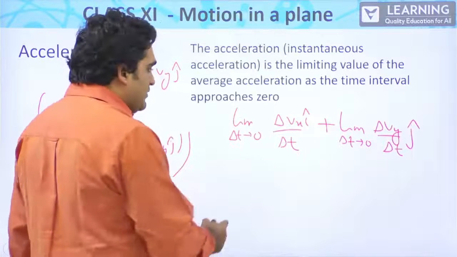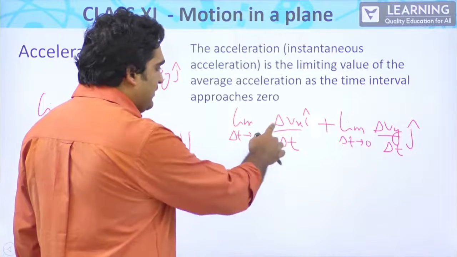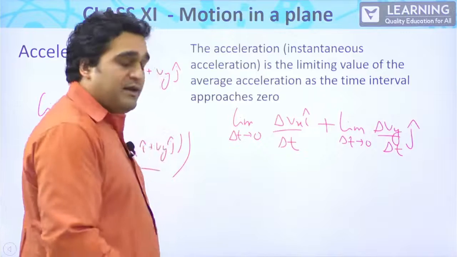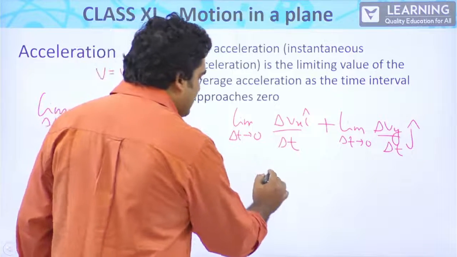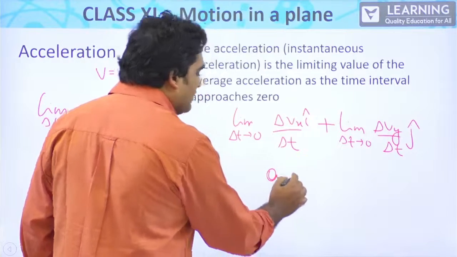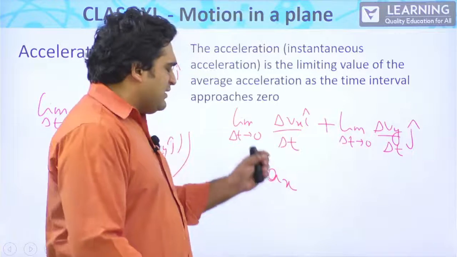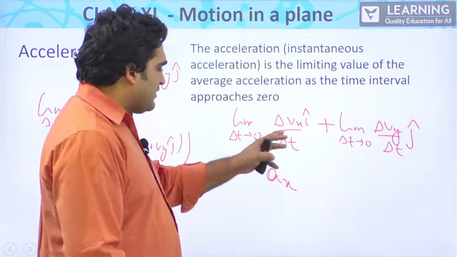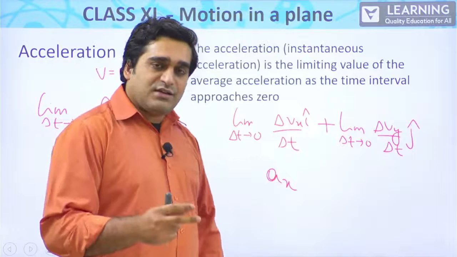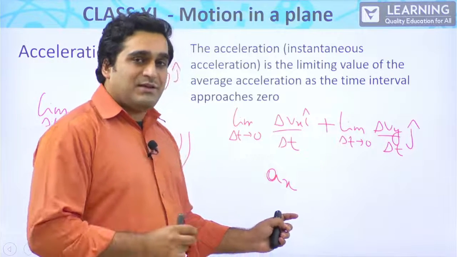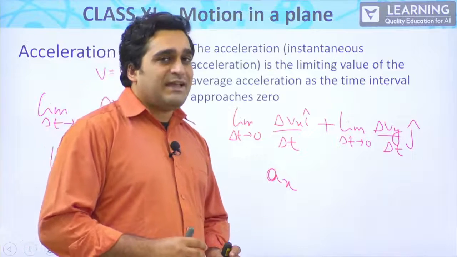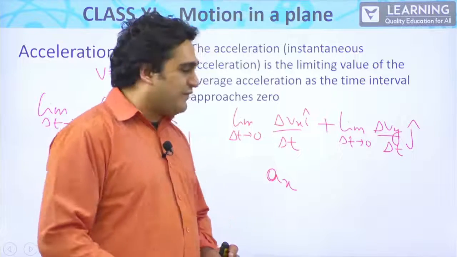Once you solve this, limit as delta t tending to 0 of delta vx by delta t is the instantaneous acceleration along the x-axis, meaning acceleration that takes place at a given instant of time.